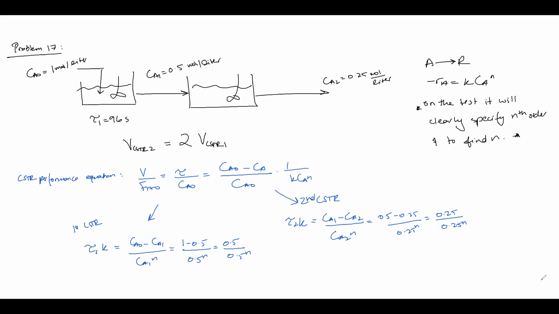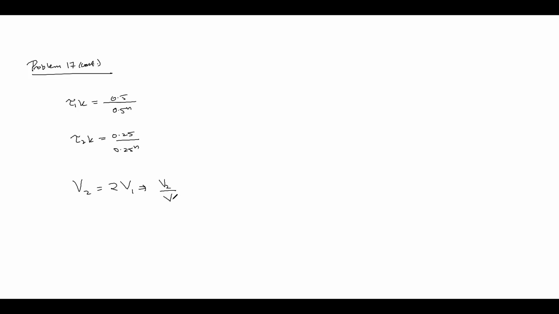I have tau 1K, 0.5 over 0.5 to the n, and we have now tau 2K, 0.25 over 0.25 to the n, and we are being told that V2 is equal to 2 V1, and this basically means that V2 over V1 is equal to 2, and this is equal to tau 2K over tau 1K, right?